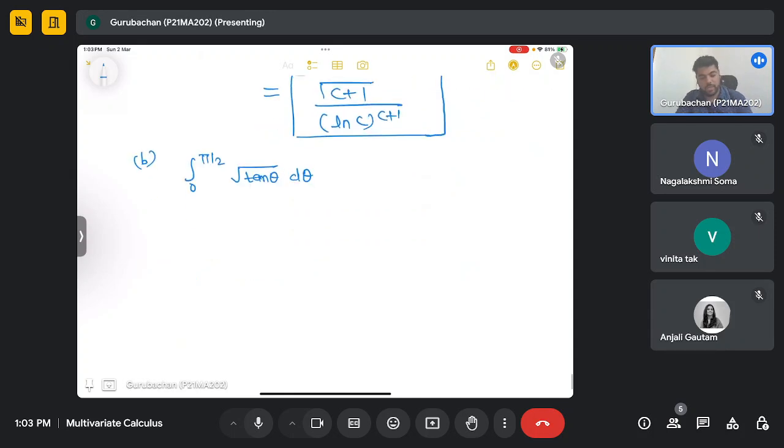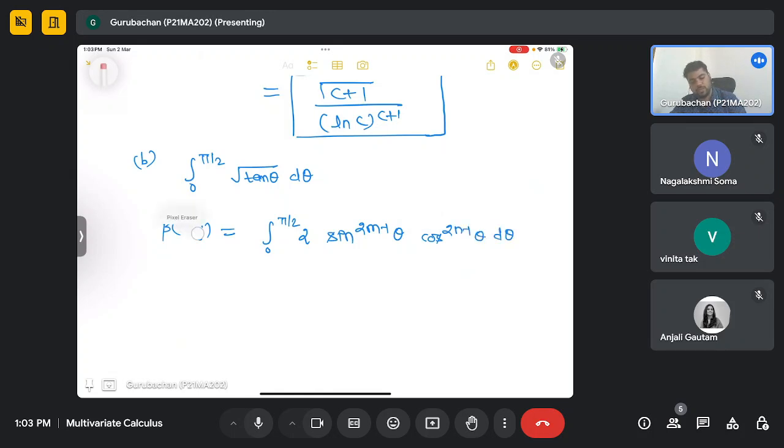So let me recall the definition of the beta function in its polar form. Let me write it here formally. We know that beta of m, n is the integral from 0 to pi by 2 of 2 times sine to the power 2m minus 1 theta into cos to the power 2n minus 1 theta d theta.